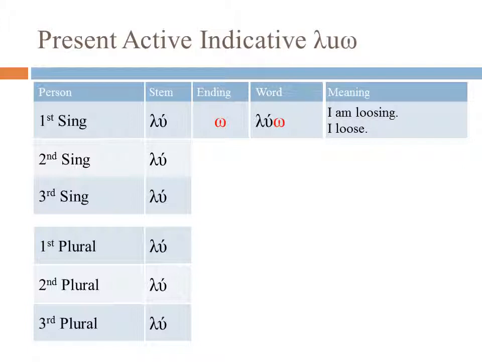Luo, I am loosing. And that continuous aspect is contained in the stem, not the ending. So, second person, which is you, we get eis, lu plus eis, and we get lueis. You are loosing, you lose.